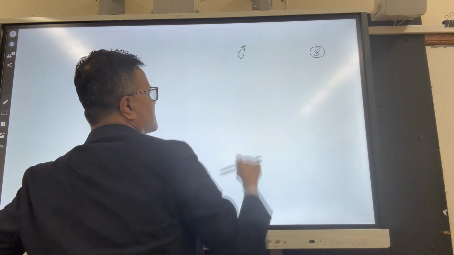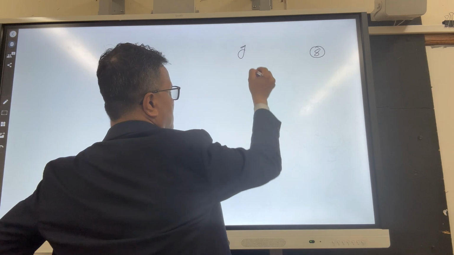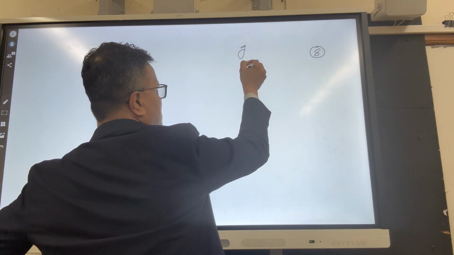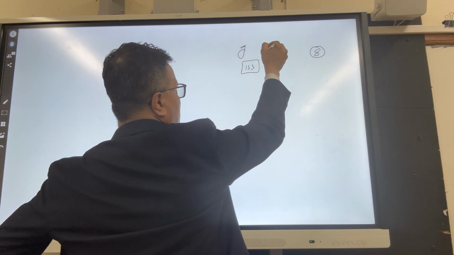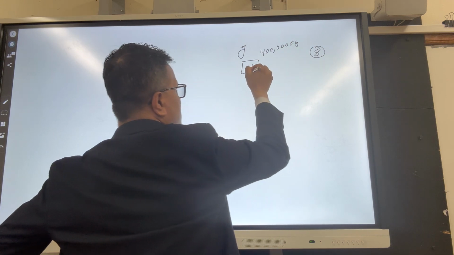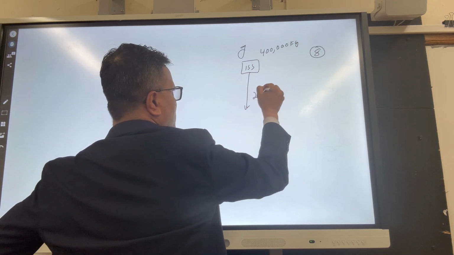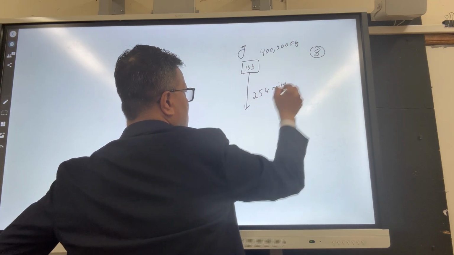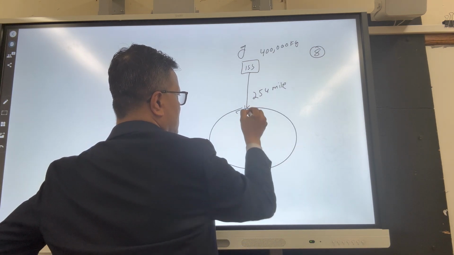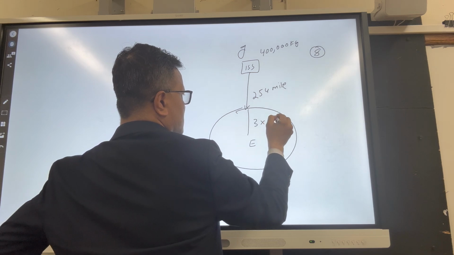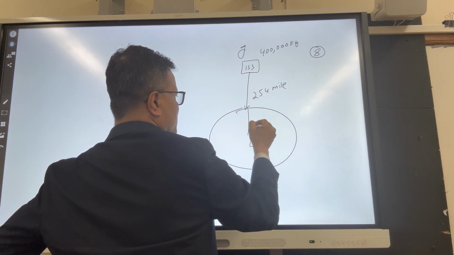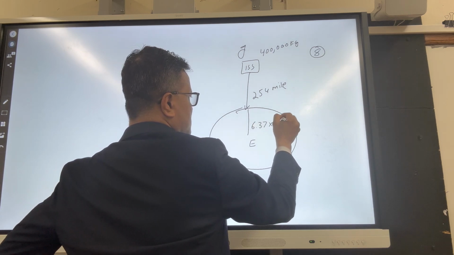The field: we want to find the gravitational field at the ISS, which has a mass of 400,000 kilogram and is 254 miles from the surface of the earth, whose radius is 6.37 times 10 raised to 6 meter.